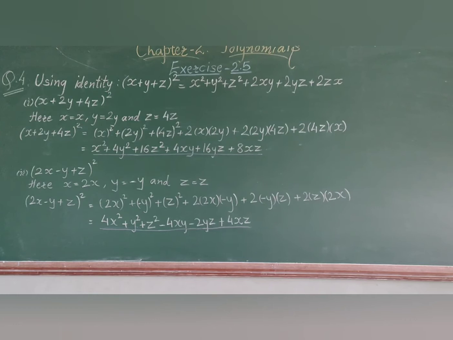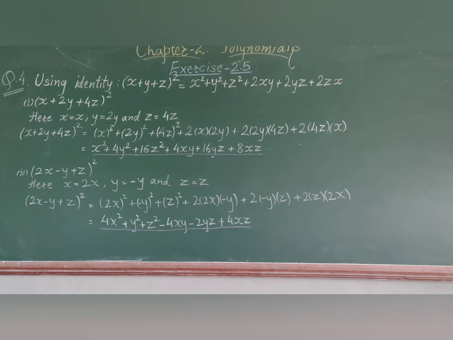So, in all the 6 questions of question number 4, we will be using this identity. We write on the top whatever identity we are using, because for all the 6 questions we have to use the same identity. Now for question number 1, x plus 2y plus 4z whole square.